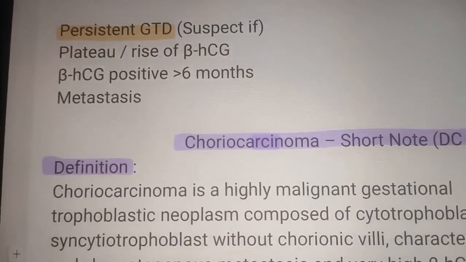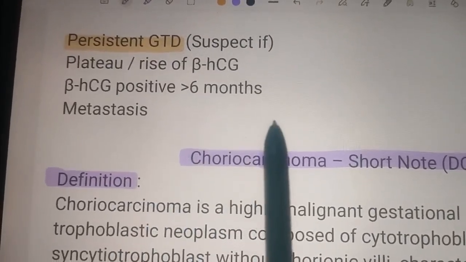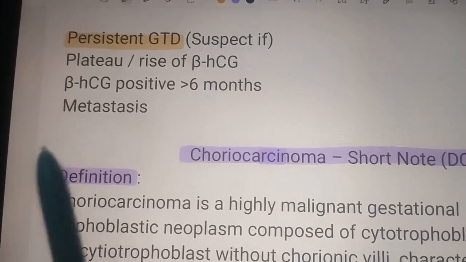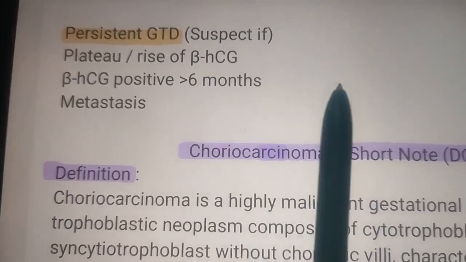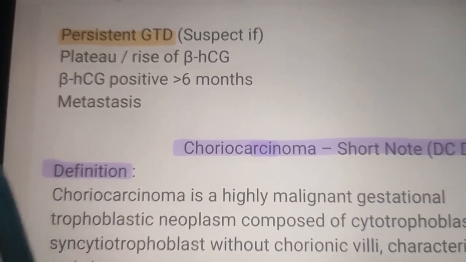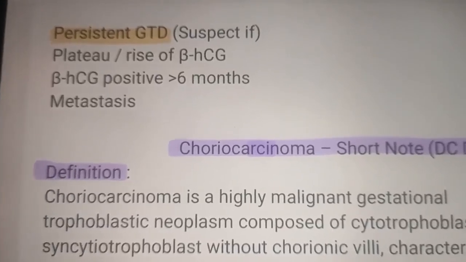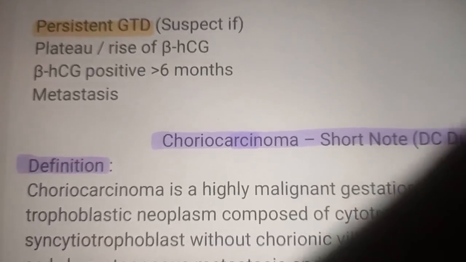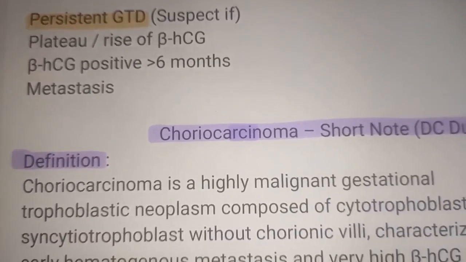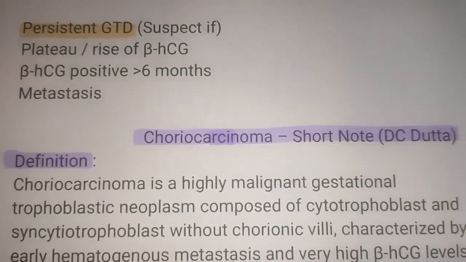If we suspect gestational trophoblastic disease, then there will be rise of the beta HCG, and beta HCG positive even after 6 months, and there are chances of metastasis.